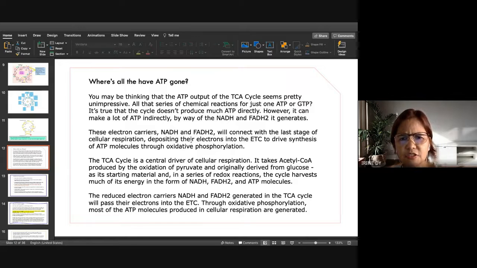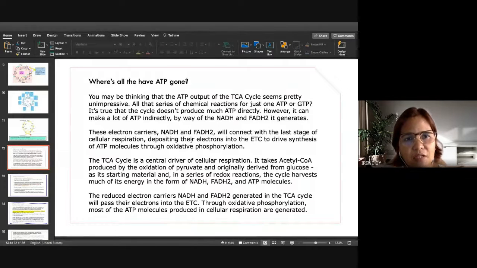This NADH2 and FADH2 will connect with the last stage of the cellular respiration. Ang gagawin nila, they would deposit their electrons into the electron transport chain para magtuloy yung synthesis ng pagpuproduce ng ATP molecule. And this process is what we now call oxidative phosphorylation.